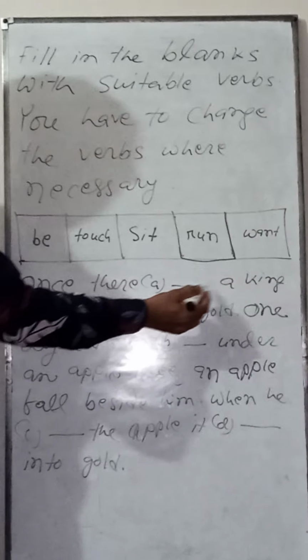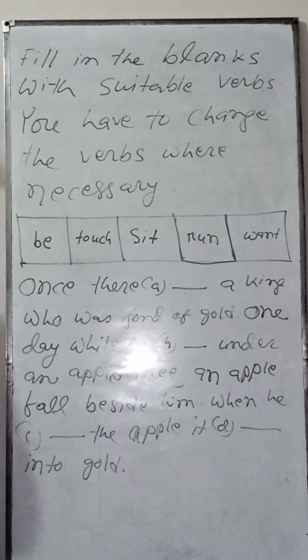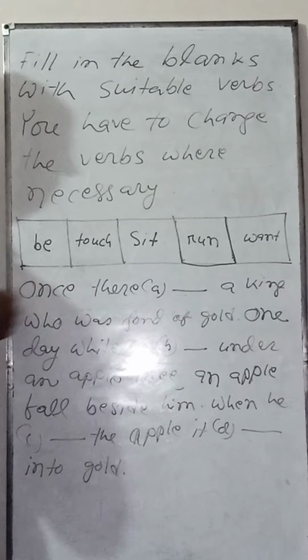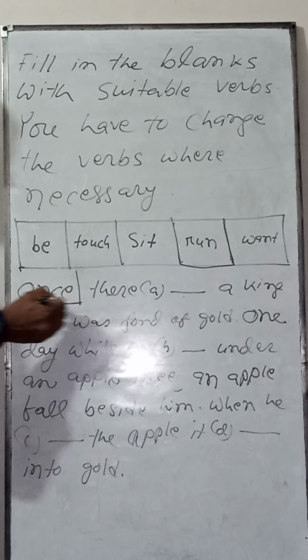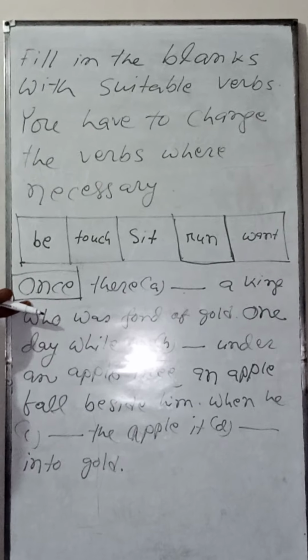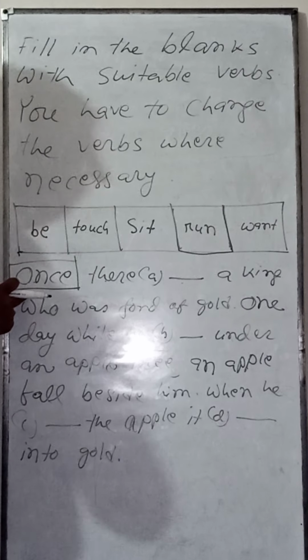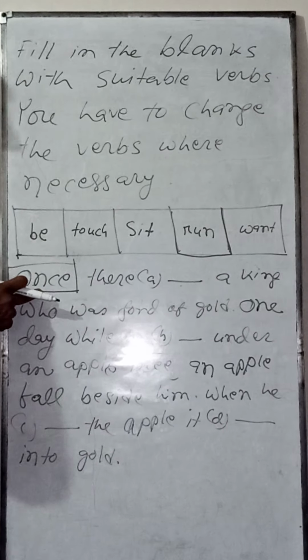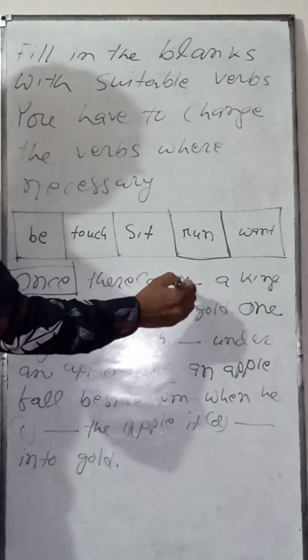Now how will you complete this passage with suitable verbs? Once there dash a king. Once, this is past tense. If you find once after time, there was once, then you have to write down a verb here in past tense. You see be.